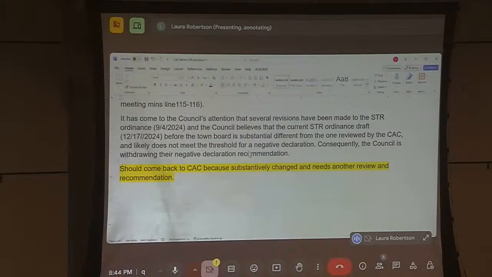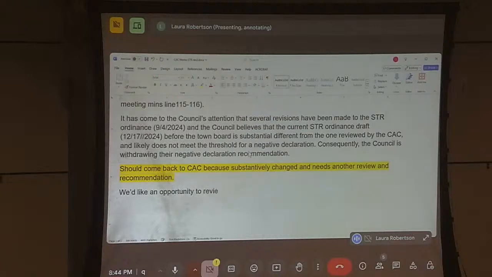It is short, it is succinct, it captures everything. It ends with, "Consequently, the council is withdrawing their negative declaration." Perhaps add one sentence saying, "We'd like the opportunity to review the new draft resolution," and just make it short, clear, and simple.